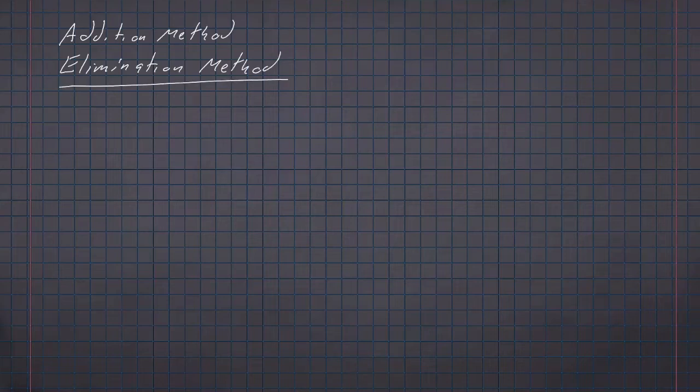And the addition method or elimination method is the most useful when you have two equations which are not straightforward to solve for a variable. For example, if we have a system of linear equations where there are coefficients on all of the variables, solving for a particular variable is not impossible, but a little bit annoying.